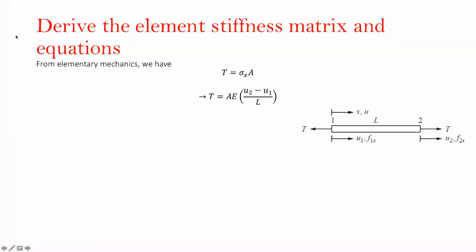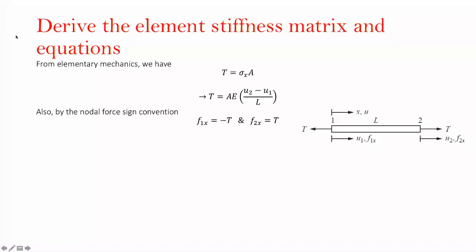Is it clear, guys? Great. So then, again, what we did for the spring, we break down the element and the nodes into two nodes, node number 1, the element itself, and node number 2, and write down the force equilibrium equations in all these components.